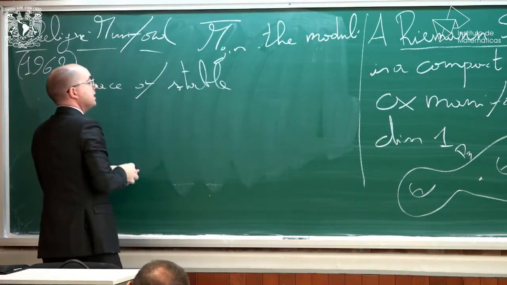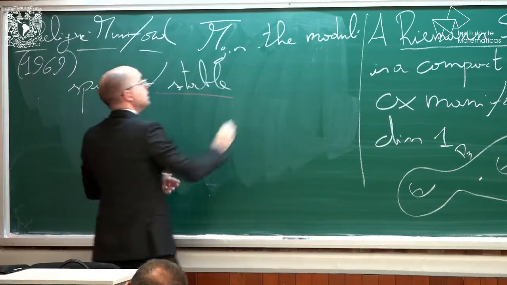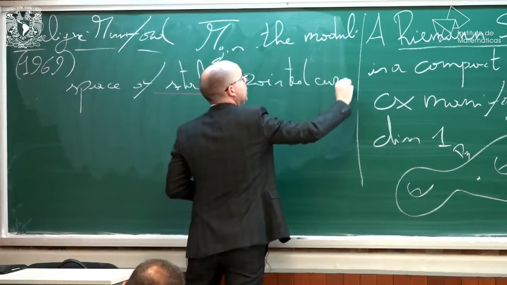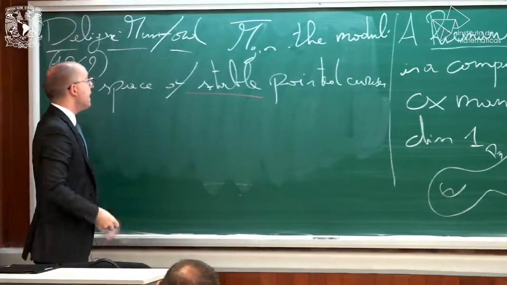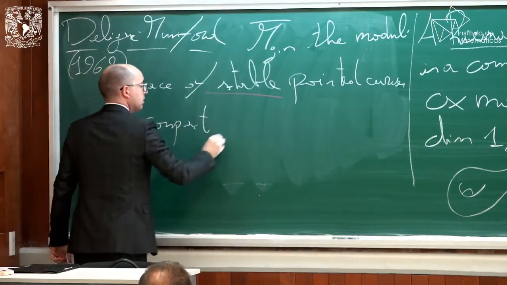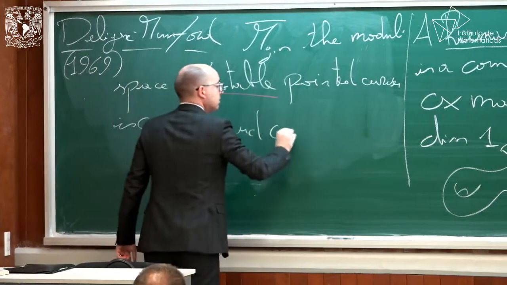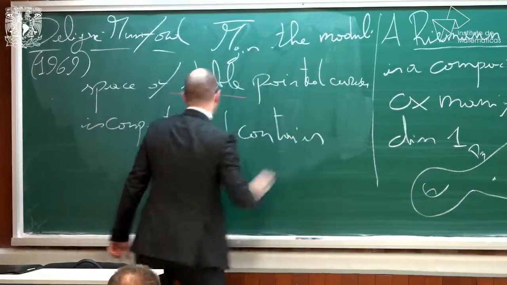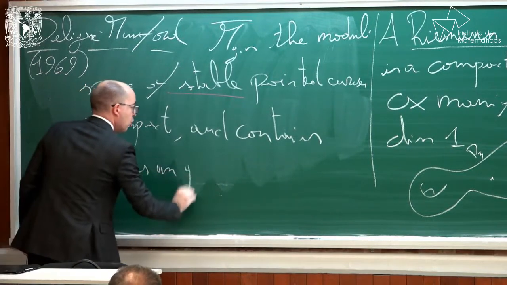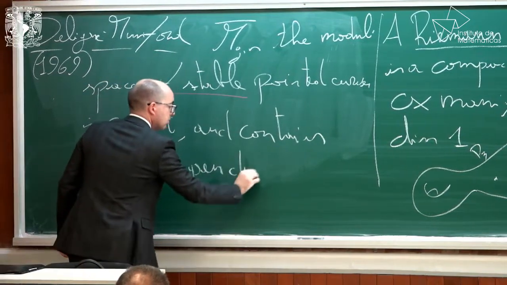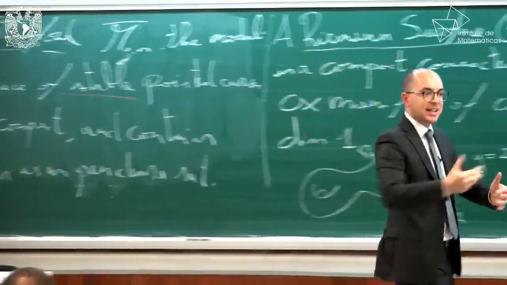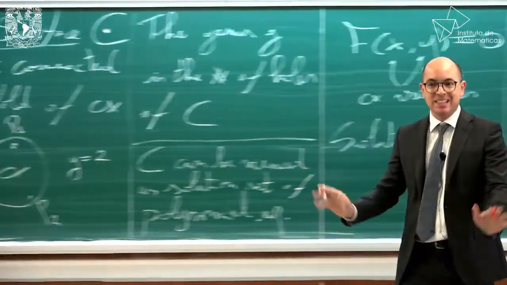The magic word here is stable, and I will define this. The statement is that this space is compact and contains M_{g,n} as an open dense set. That is, you are adding exactly the limit points, nothing more.